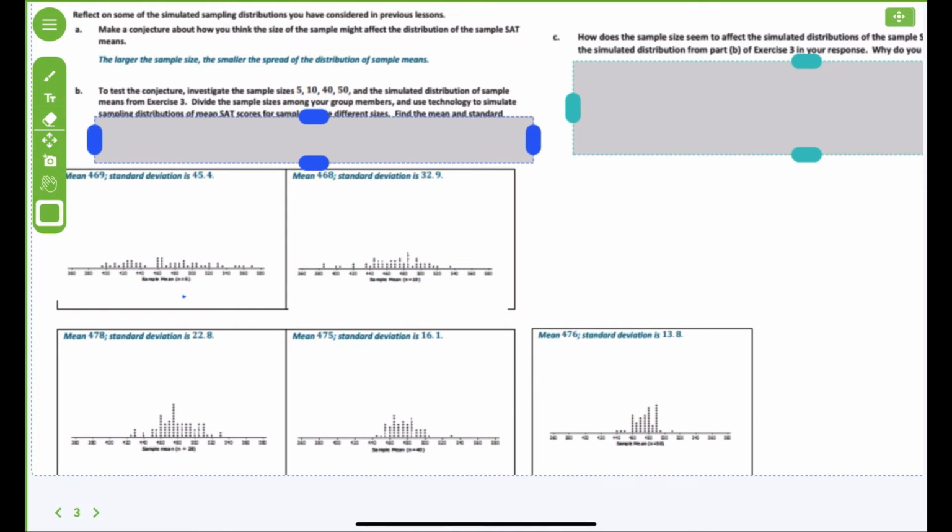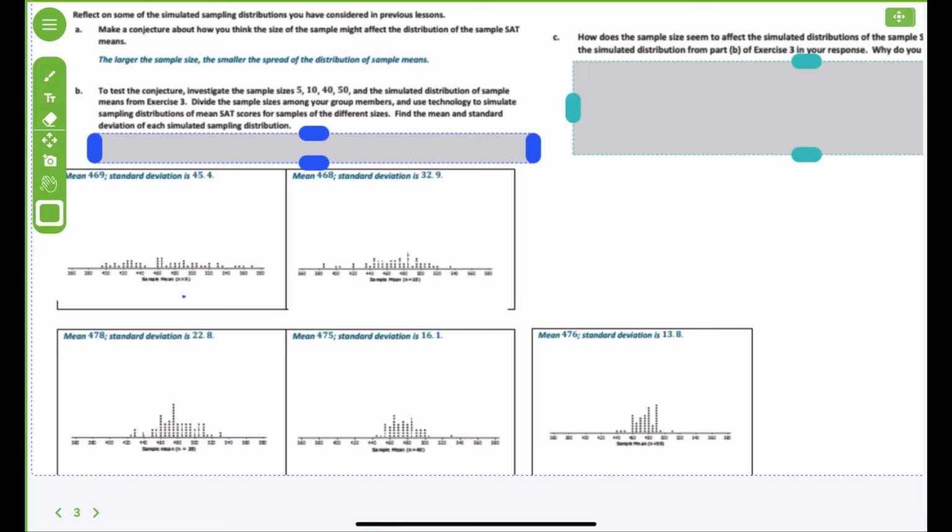Yeah. To test the conjecture, investigate the sample sizes 5, 10, 40, and 50, and the simulated distribution of sample means from exercise 3. Divide the sample sizes among your group members and use technology to simulate the distributions of mean SAT scores for samples of the different sizes.